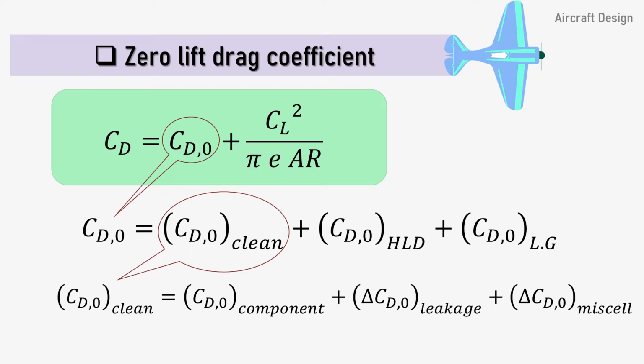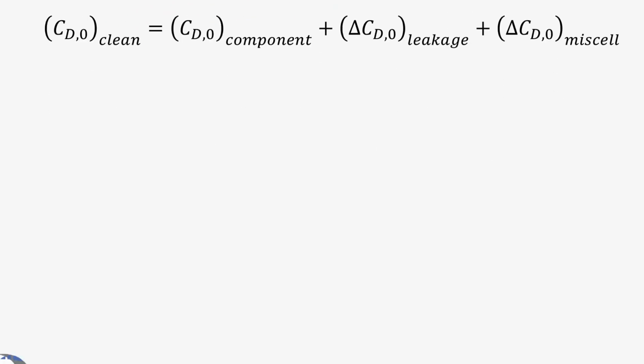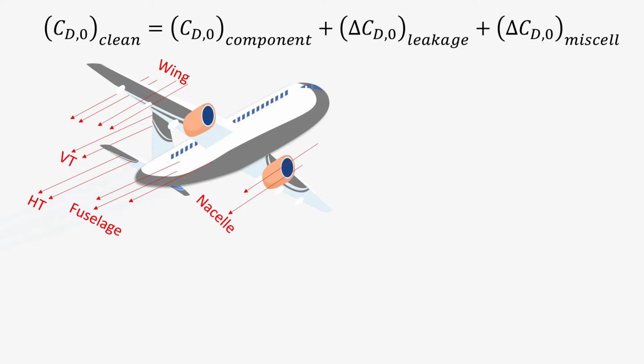In order to calculate the clean zero lift drag coefficient of an aircraft, we include the wing, fuselage body, horizontal tail, vertical tail, and engine nacelle. The leakage and perturbation drag depends on the aircraft components, as you can see in the table.